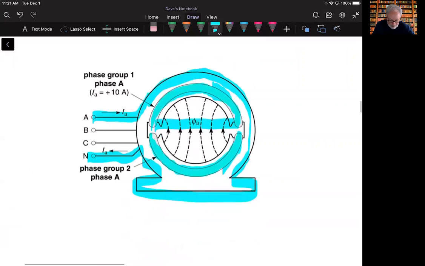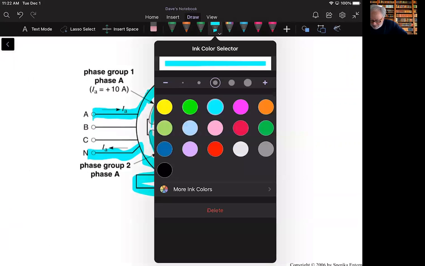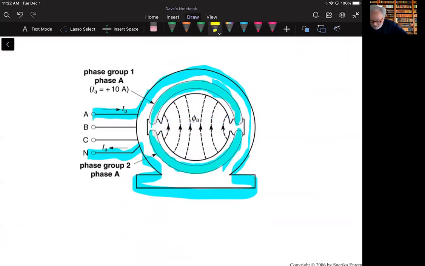So you've made this machine much more efficient because it can produce more flux per turn, and a current like IA1 flowing through terminal A to neutral A would deliver a flux pattern that looks like what it's showing us here, okay? It's showing us this flux pattern here as that is created.